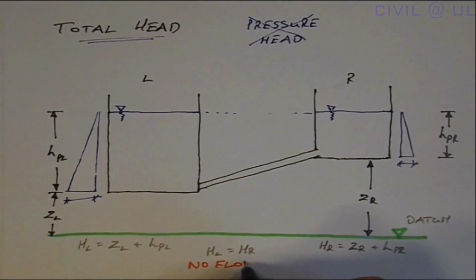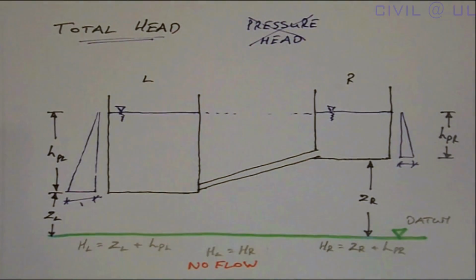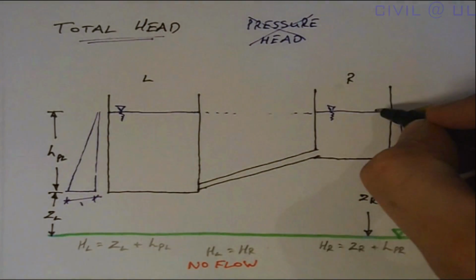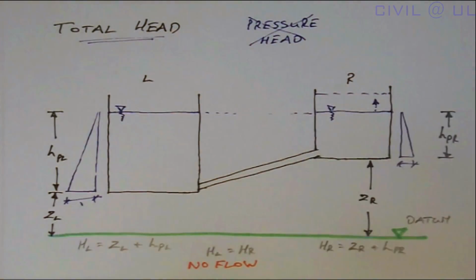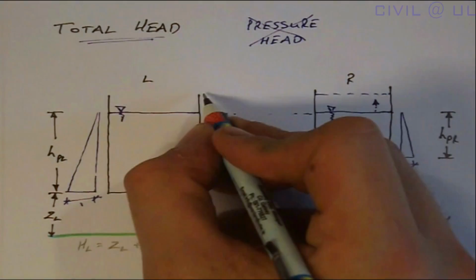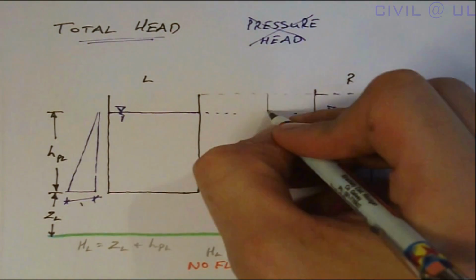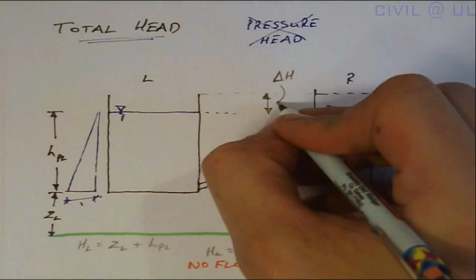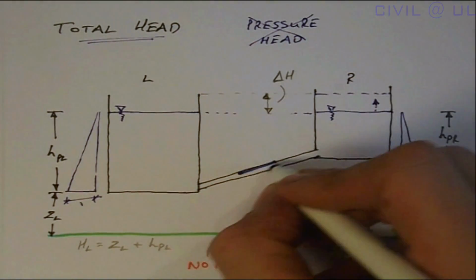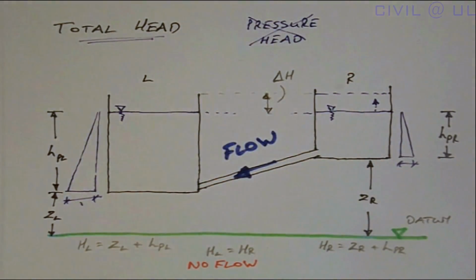Therefore, no flow will take place between the tanks, despite the tank on the left having a greater pressure head. If we now raise the water level in the right container as shown, the total heads are no longer equal, and the difference in total head, delta H, causes the water to flow towards the container on the left.